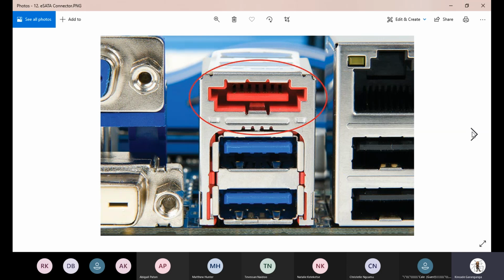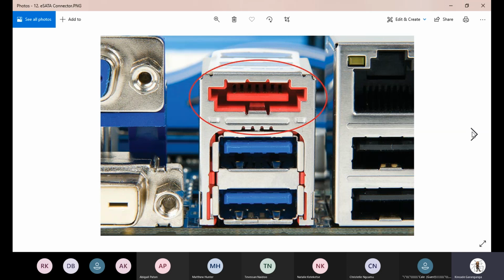But from a cable length perspective, it's important to realize the differences between parallel advanced technology attachment, SATA or serial, and then eSATA, which is external. It's important for you to take cognizance of that fact.